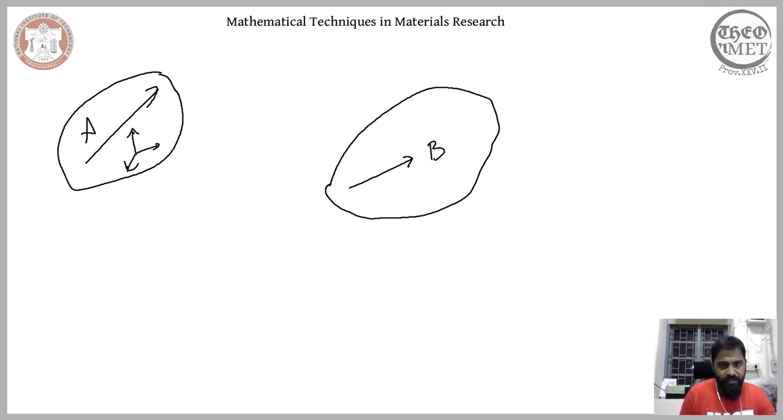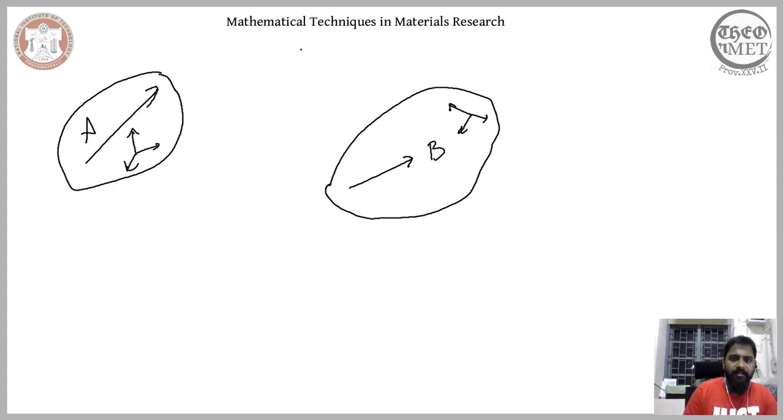So in this case, I have this direction here, which corresponds to my A space, and in this case my direction looks something like this. Both of these spaces are defined by three orthogonal unit vectors, and these three orthogonal unit vectors are pointed in different directions in these spaces.